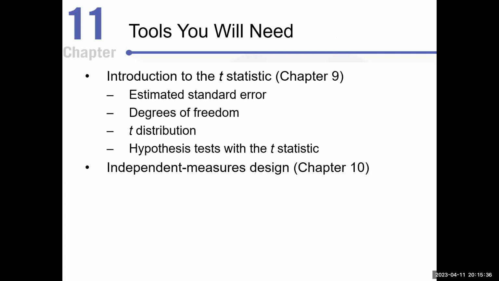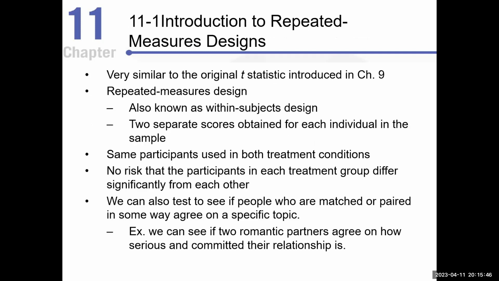As always, you want to have a pretty good understanding of Chapter 9 and Chapter 10, because all of that is going to culminate into what we're doing for Chapter 11. When we're talking about the repeated measures design, the within-subjects t-test, it's very similar to the original t-statistic that we used in Chapter 9.